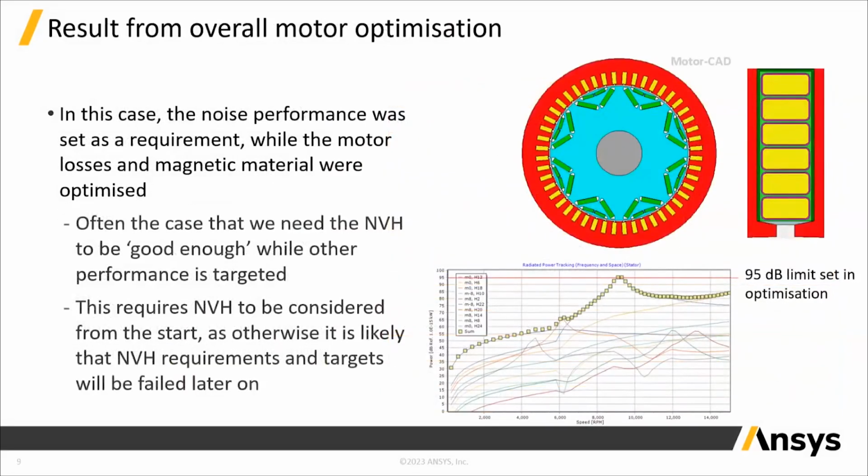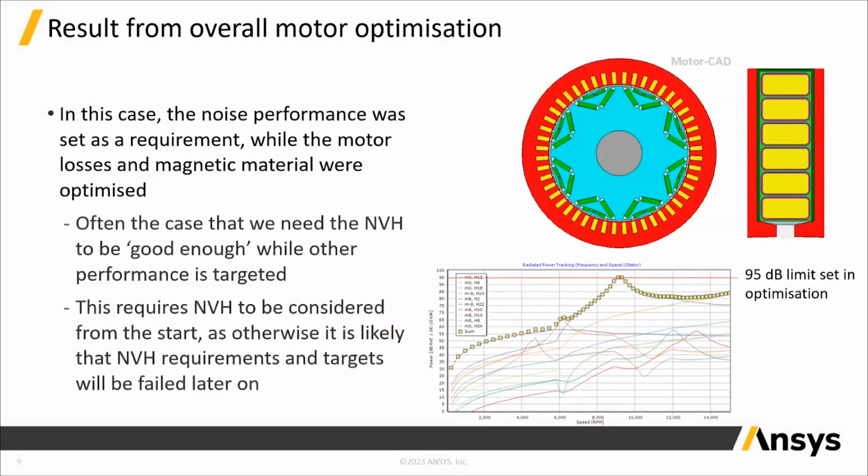Therefore, when this initial optimization was being carried out, we applied an NVH requirement from that initial stage, as unless this is present, we may achieve our electromagnetic targets, but at the expense of an unacceptably noisy motor.